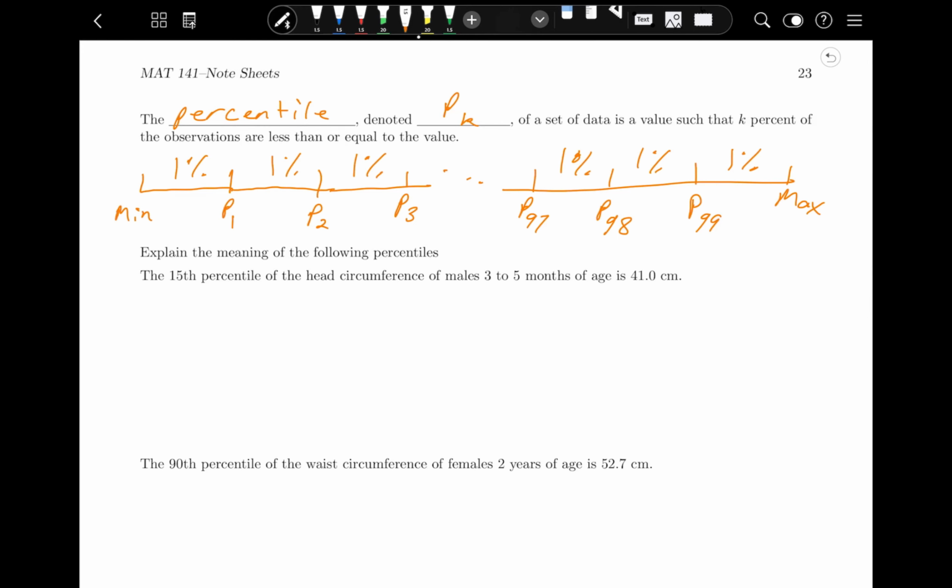So the 15th percentile of head circumference of males 3 to 5 months of age is 41 centimeters.